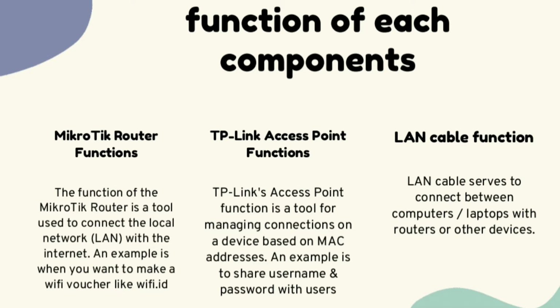Mikrotik router function. The function of the Mikrotik router is a tool used to connect the local network or LAN with the internet. An example is when you want to make a Wi-Fi voucher like wifi.id. TP-Link access point function. The TP-Link access point is a tool for managing connections on a device based on MAC addresses.